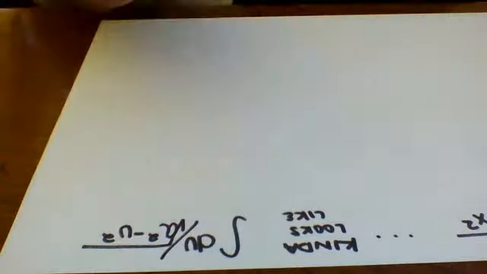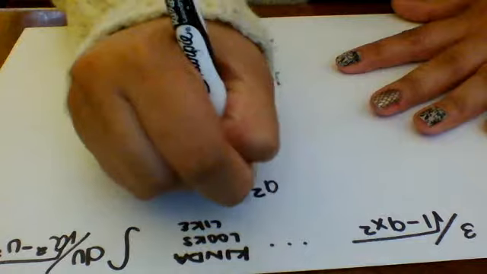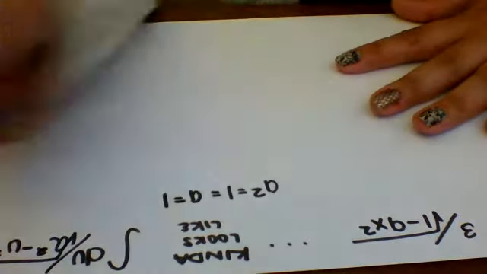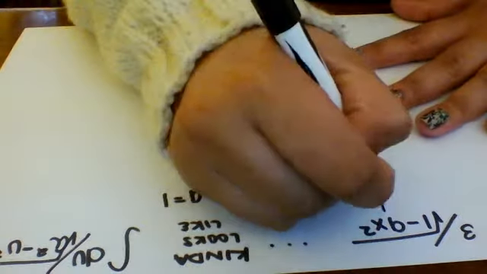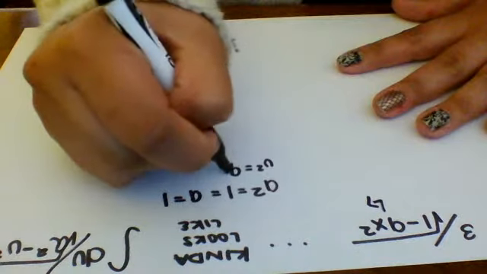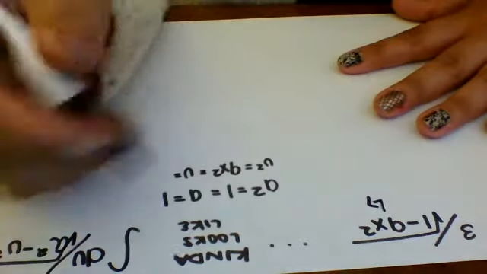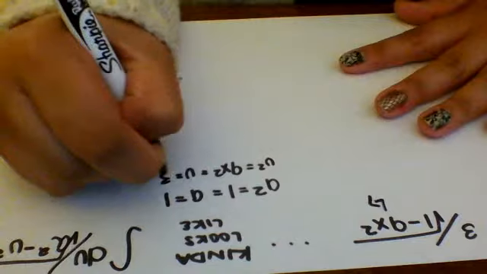Here I know my a squared is 1, which means my a is 1. Your u squared is 9x squared, and in order to have u by itself, we'll unsquare it, so it'll be 3x.